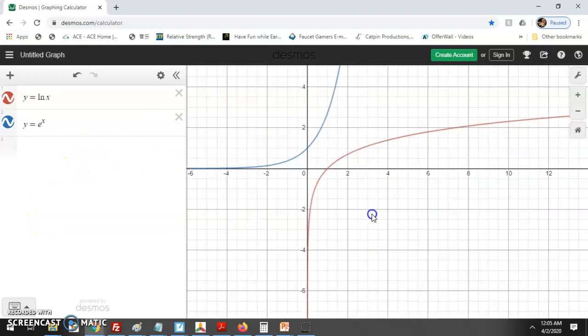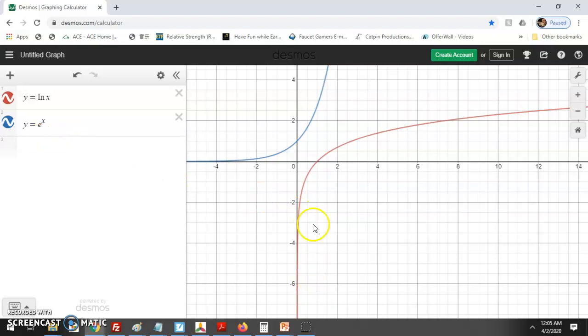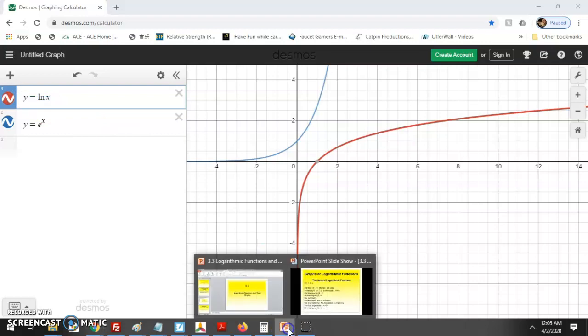So you can have an output of negative numbers, but you cannot have an input of negative numbers. Unlike the exponential function, where you could input negative numbers, natural log has no negative inputs.